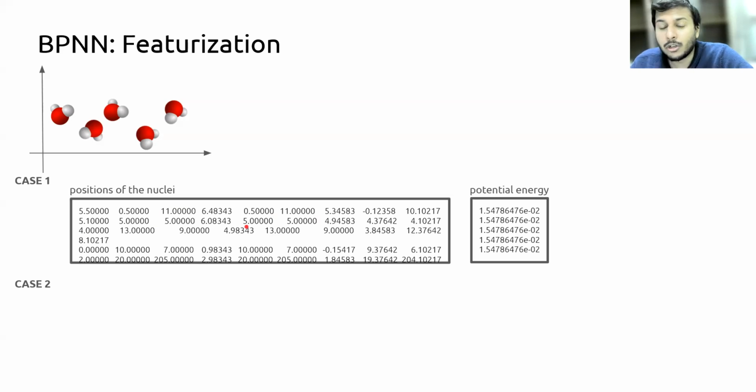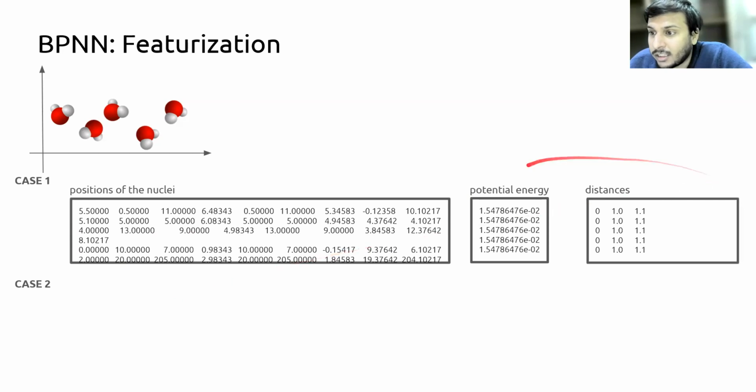If you were to feed this to the model directly, you would have to provide a lot of data showing this degeneracy, that if I translate my atoms, the potential energy will not change. In the end, you're asking your model to learn a constant function, and that is a little redundant.